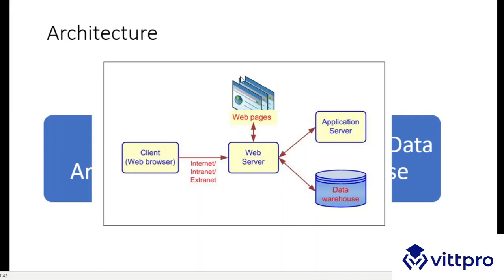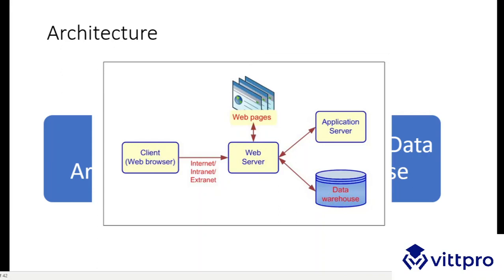That web server has a web page for everything: login, data entry, report extraction, everything. But behind that, they have two other servers, called the application server and the data warehouse. The web server interacts with both. Data is taken from the data warehouse, manipulated by the application server, and then sent to the web server, where the front end comes in the form of web pages. So this is called the web-based transaction.